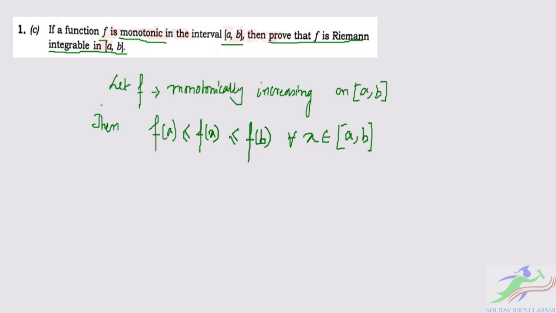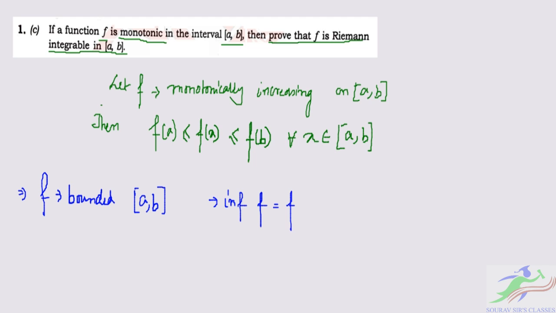Now f is bounded on the interval a comma b. Then we have to find the infimum and supremum. The infimum of f is f(a), and the supremum of f is f(b).